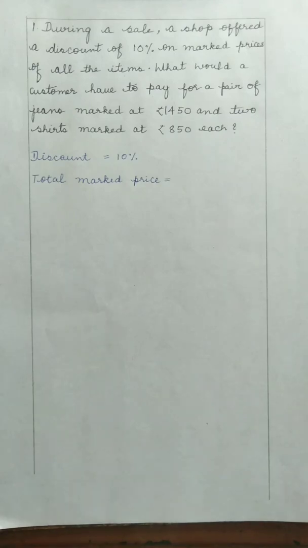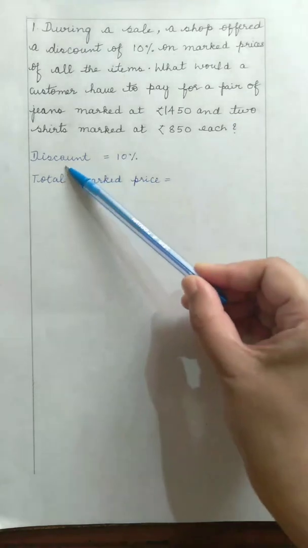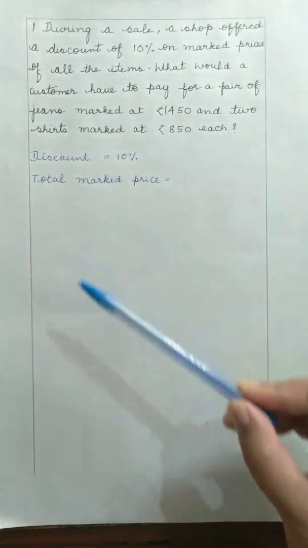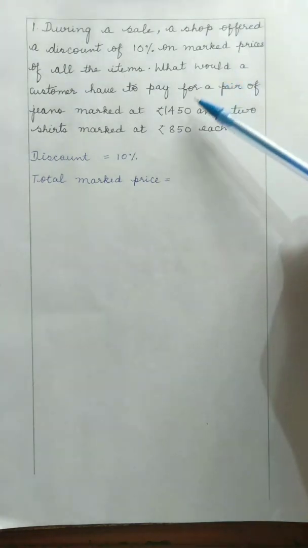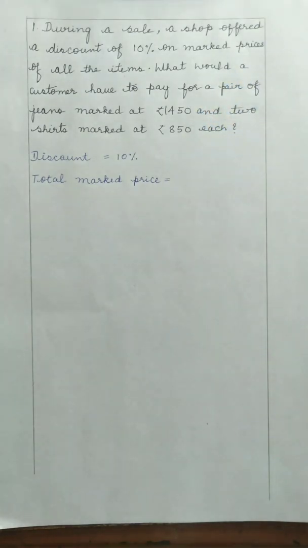To find the sale price, let us solve the problem. Discount is given as 10%. We know the marked prices of the two items, rupees 1450 and rupees 850. So now let us calculate the total marked price of those two items.